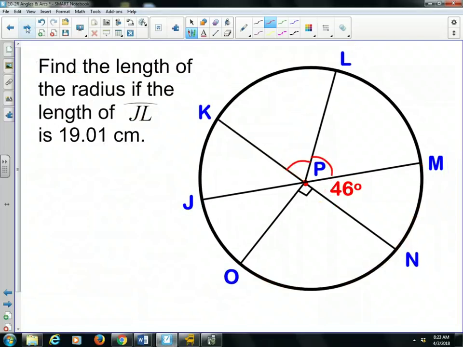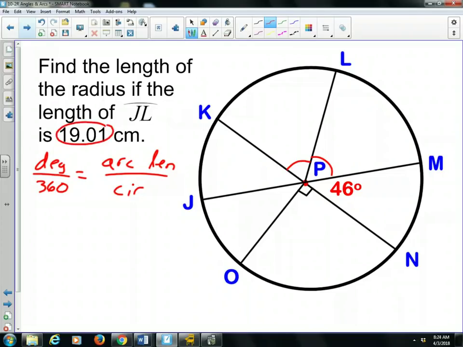All right, last one. This one says find the length of the radius if the length of arc JL is 19.01. So again, that same formula where the degree of an arc divided by 360, that equals the arc length divided by the circumference. So this time, we know the length of an arc.